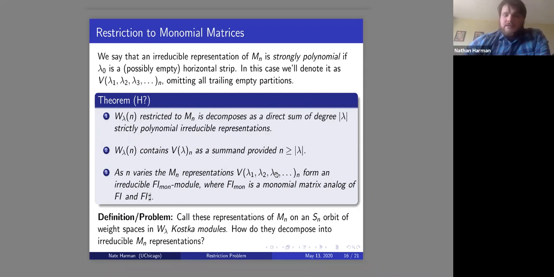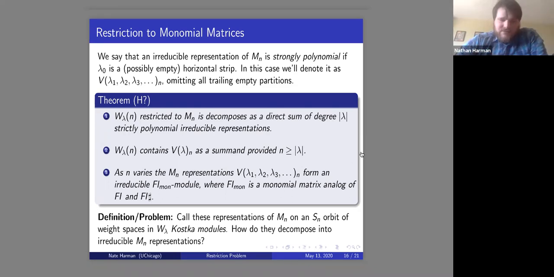So it's really both. You get the FI sharp part for free, almost in the same way that, starting with a polynomial representation of GLn, it extends for free over the stuff with determinant 0. It's that polynomial condition that means it has to extend.